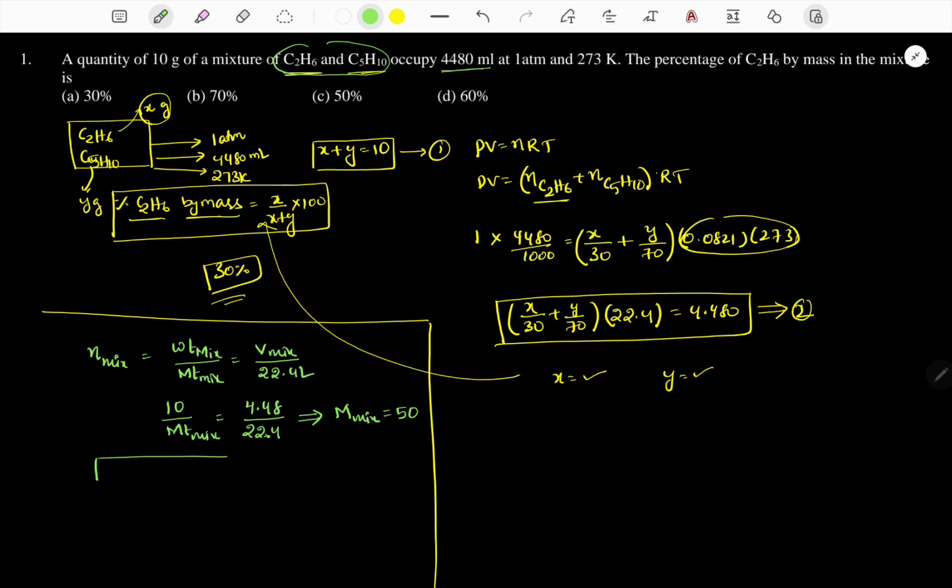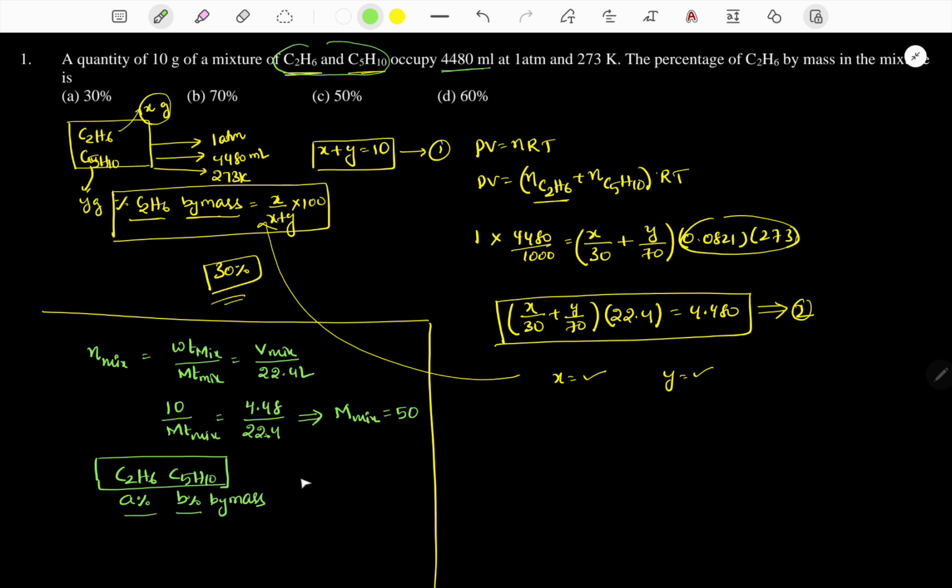Now if you try to remember this one, suppose C2H6 is A percentage and C5H10 is B percentage by mass.